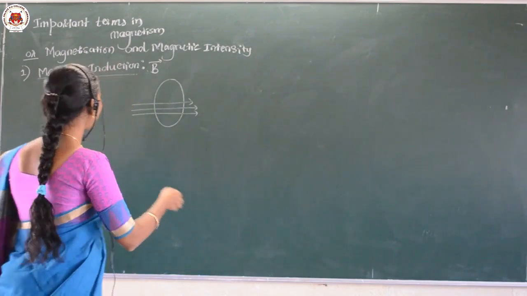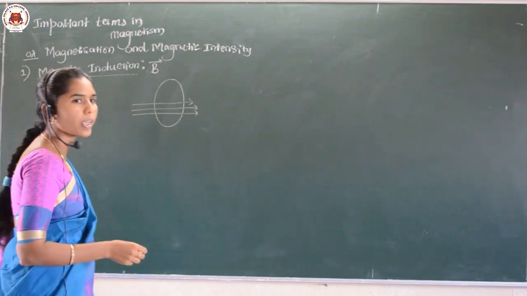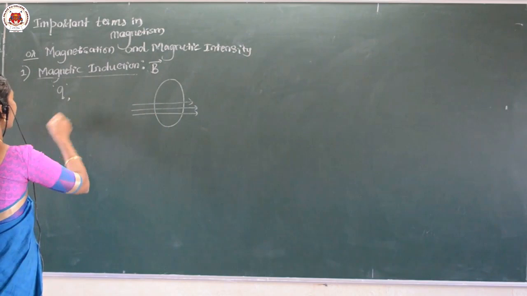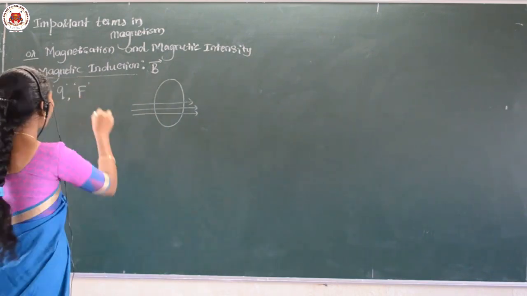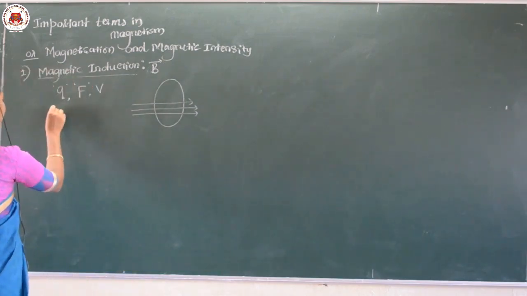Assume there is a charge Q moving in the magnetic field B with a velocity V, and it experiences a magnetic force F. How do we write the magnetic force?